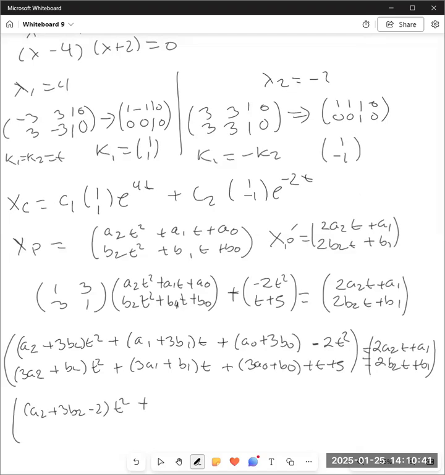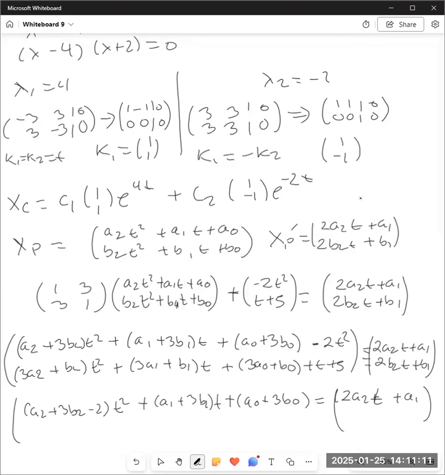And then this is plus a1 plus 3b1 t plus a0 plus 3b0. And then that's already combined there, is equal to 2a2 t plus a1.